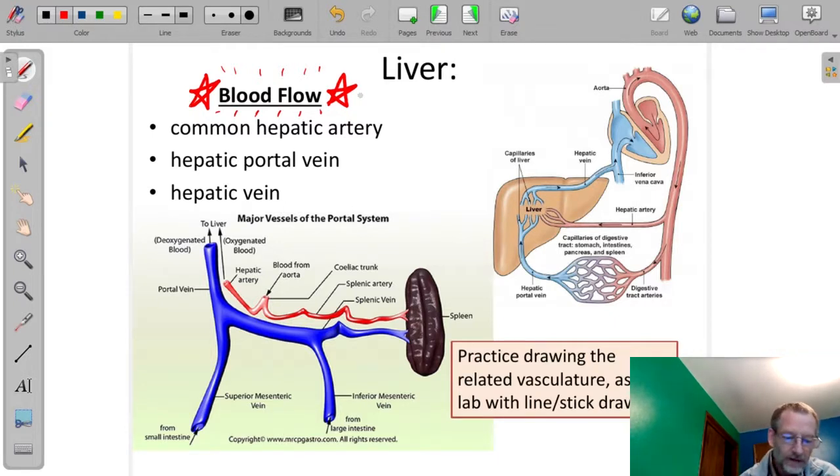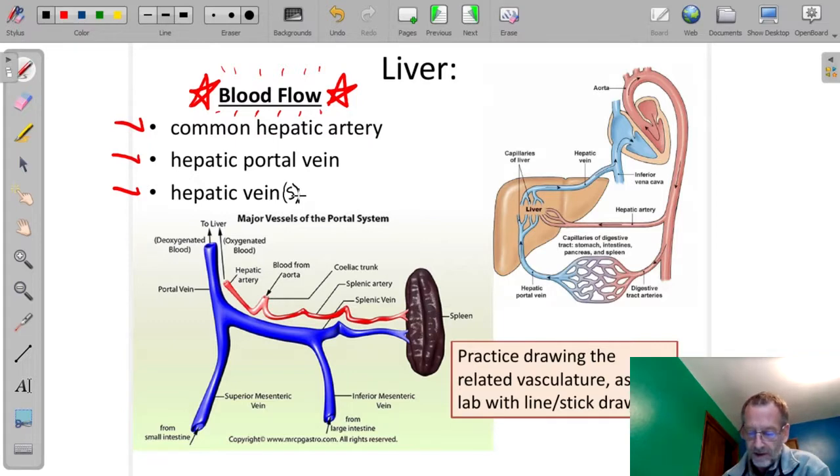There are a couple of blood vessels to pay attention to: the common hepatic artery, the hepatic portal vein, and then hepatic veins. So maybe we should make that plural. Turns out there are multiple lobes, so there are multiple veins. Not a big deal. If you just remember it as singular, you'll be okay.